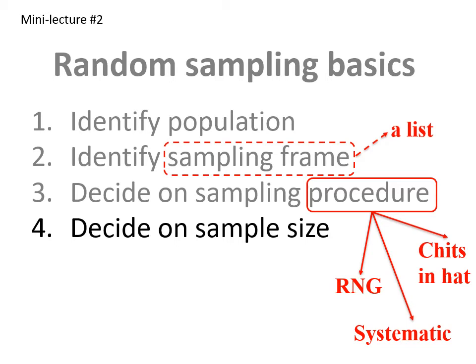And this is going to depend upon some formulas that we're not going to talk about right now. But a rule of thumb that I've seen used a lot is that your sample size should be at least 30. Though there are ways to get around that.